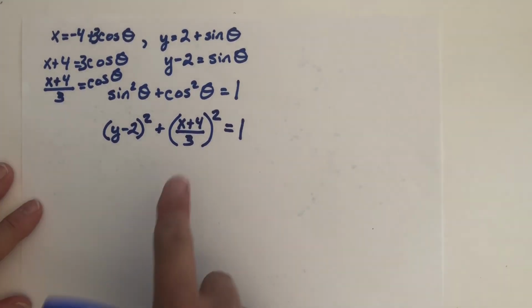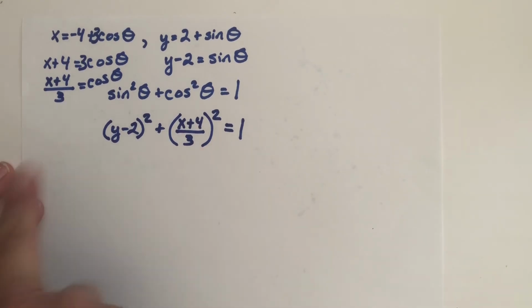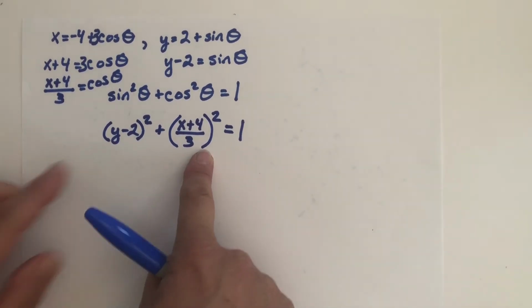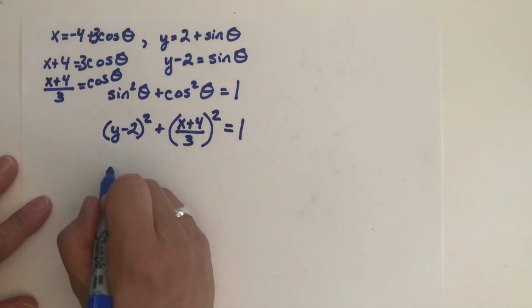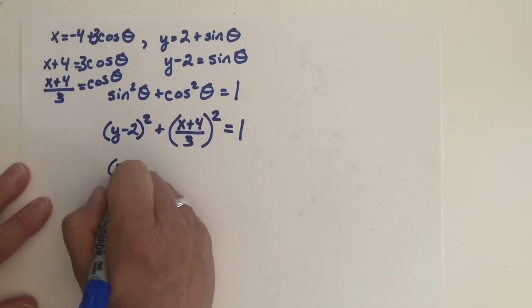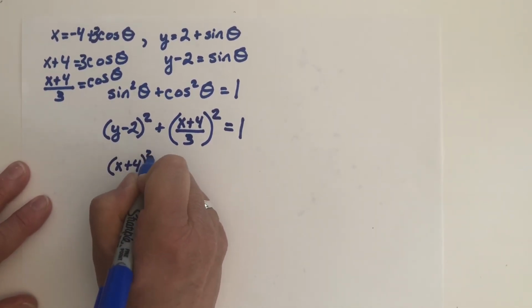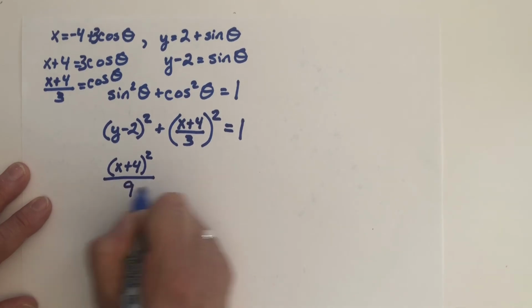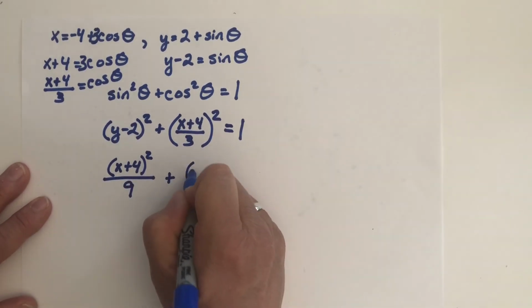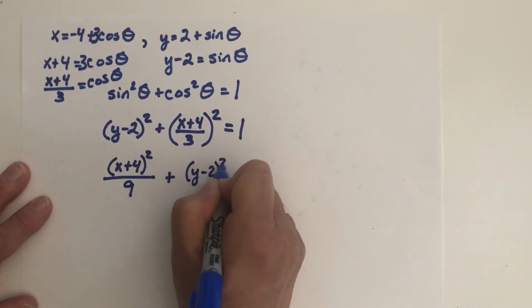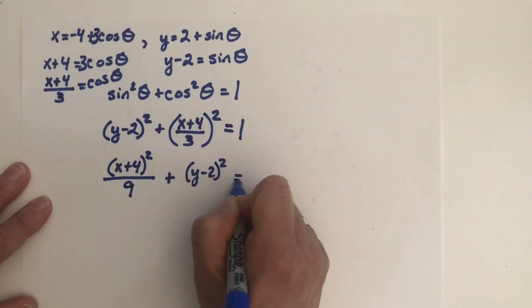Now let's rewrite it. I'm going to square the 3 in the denominator. I just prefer it. And I'm going to switch these around, again, because I prefer it. So I'm going to have my x plus 4 squared in the numerator over 9 plus y minus 2 squared, you know that's over 1, equals 1.